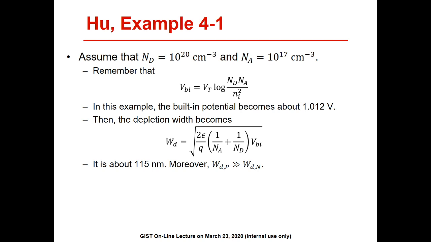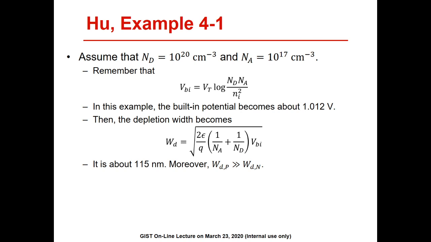When the donor density is 10^20 per cubic centimeter and the acceptor density is 10^17 per cubic centimeter, the built-in potential at 300 Kelvin is about 1 volt, and the depletion width is about 115 nanometer.